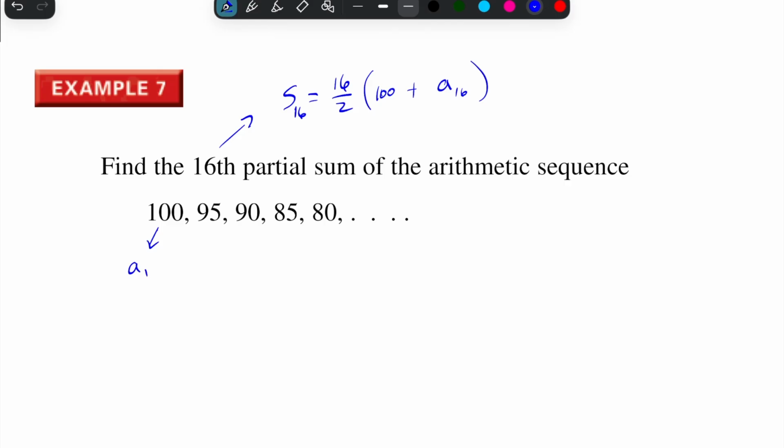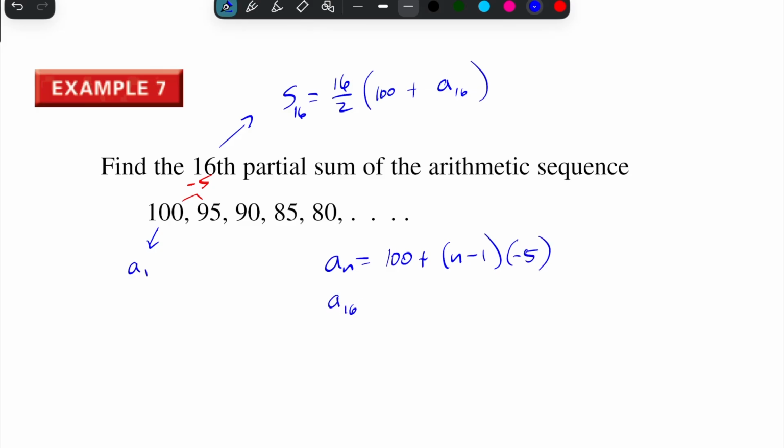And I don't know that yet. So again, to find our nth term, it's our first term plus n minus 1 times our common difference. Notice that our terms are decreasing by 5, so our common difference is negative, so times negative 5.